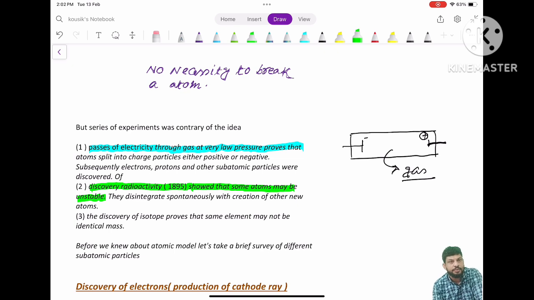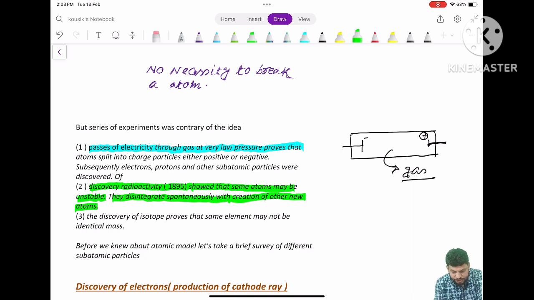Uranium spontaneously disintegrates and produces different atoms, with creation of other new atoms. So an atom may be destroyed and converted to another element.